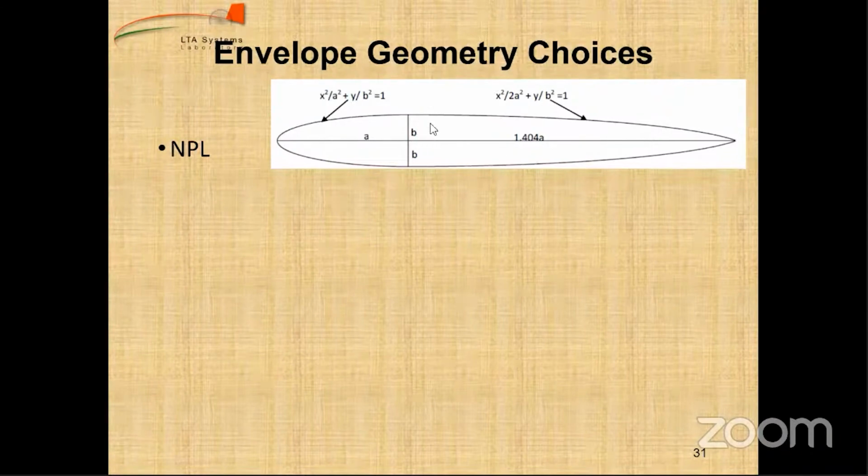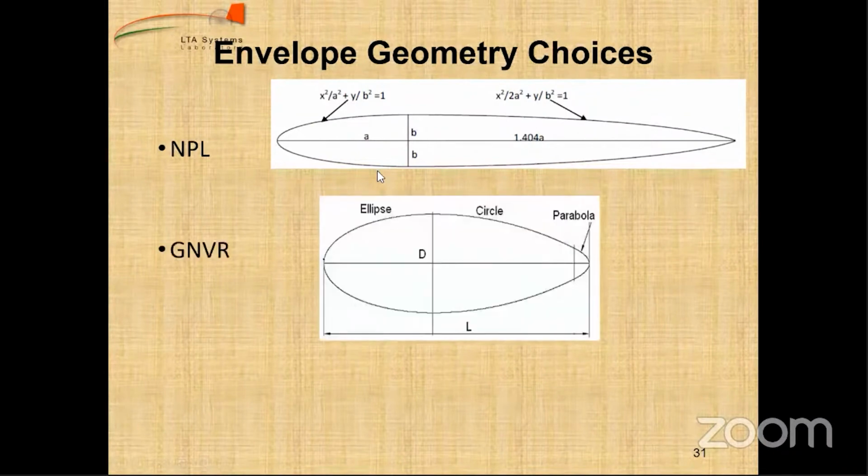There are two ellipse equations here, and the semi-major axes of the two are in the ratio of √2. Another one is the GNVR shape, which is given by Professor GNV Rao from IISc Bangalore.